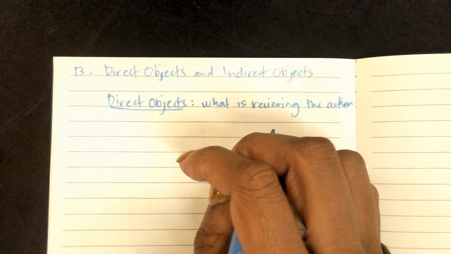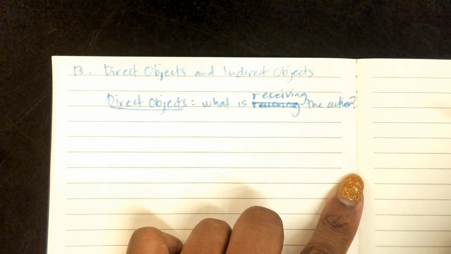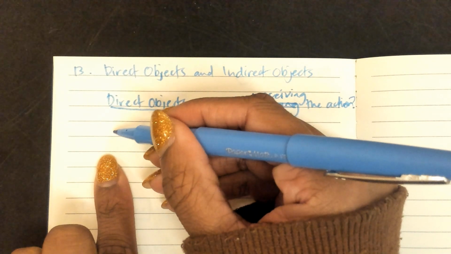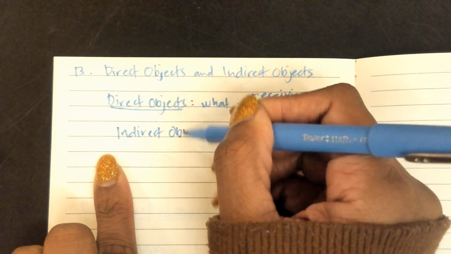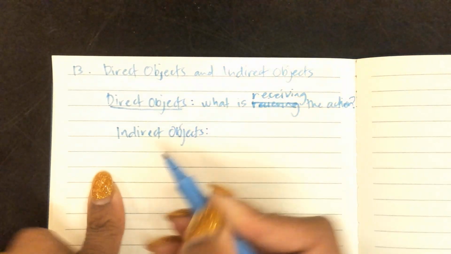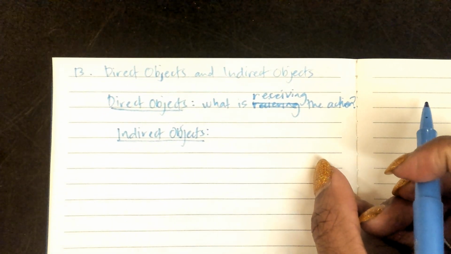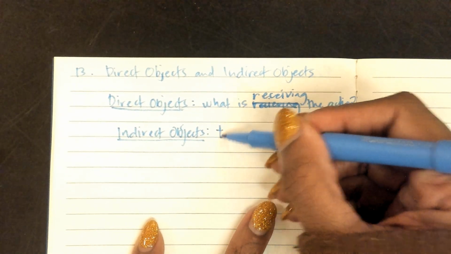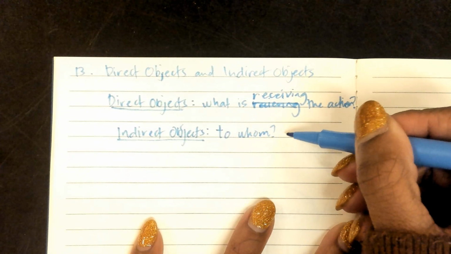Now, today we're going to add indirect objects to this. The indirect object answers the question, to whom or what?